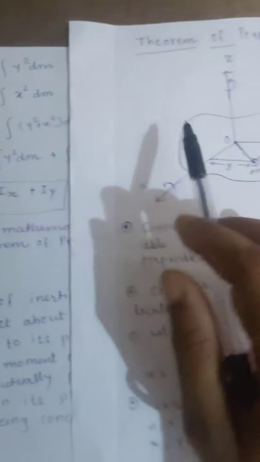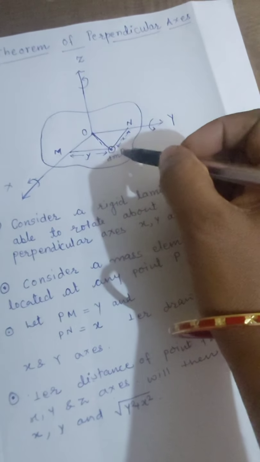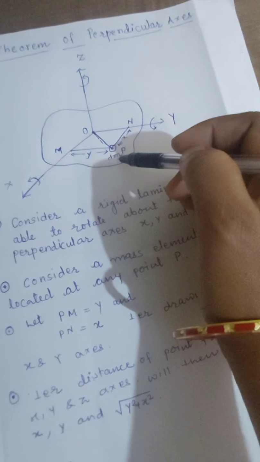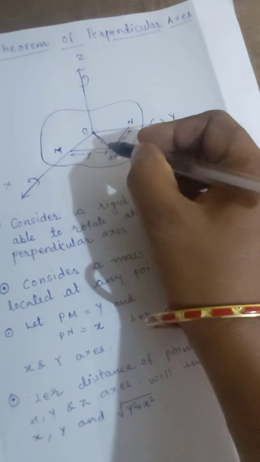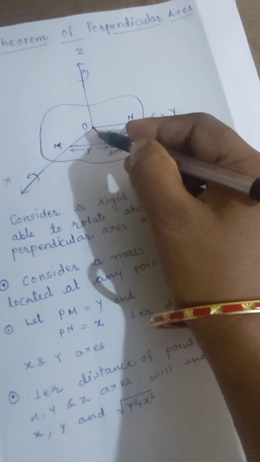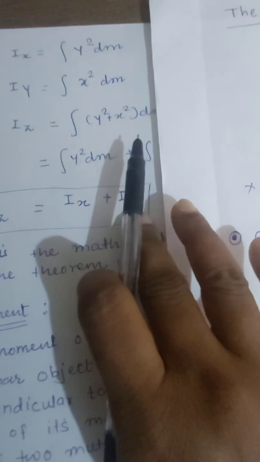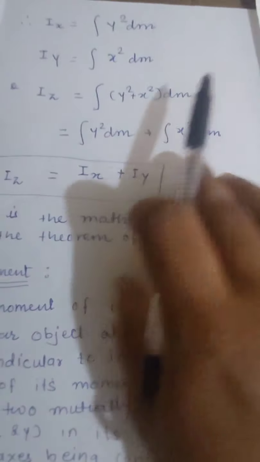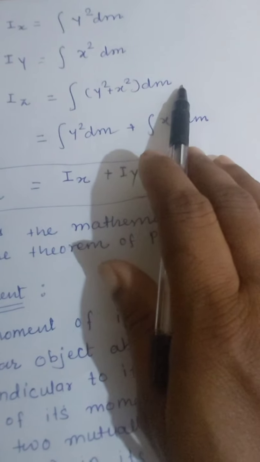Now the moment of inertia about the z axis. About this z axis, the distance is under root x square plus y square and the mass is dm. So it comes equal to integration y square plus x square dm.